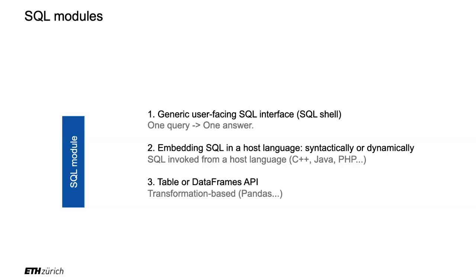The third one is more recent. It's also an API, but it's different, more meant for data analysts in order to manipulate tables or even data frames. Who has heard of data frames? Some of you, pandas. Who has heard of pandas? It's all over social media, all these influencers with Python and pandas and so on.